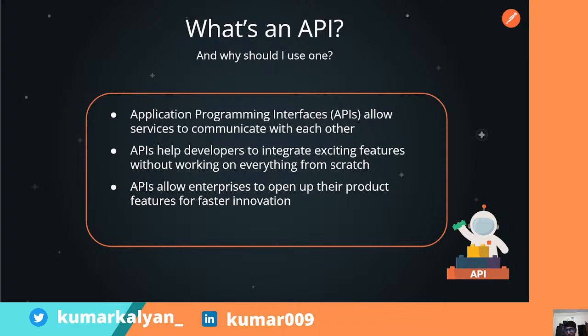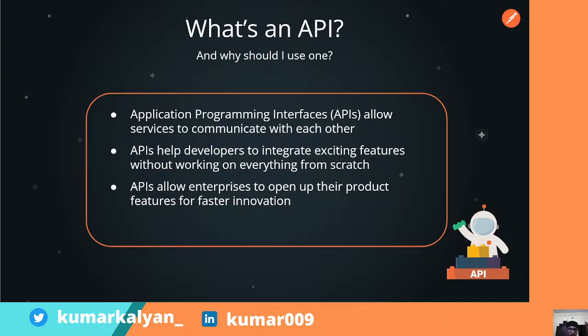You can simply order it using the Domino's app, or you can grab your phone, dial the Domino's store, and order your pizza. After your order is prepared, a delivery boy comes to your doorstep, rings the bell, and you get your pizza or your order. Just like that, it's a way of communication between the server and the client.